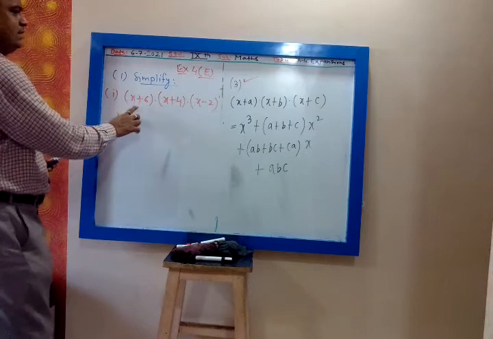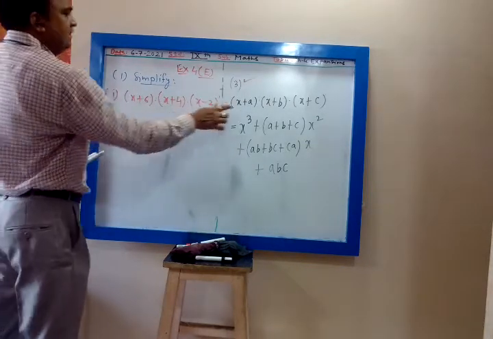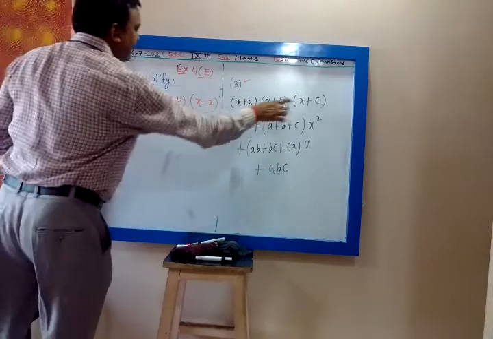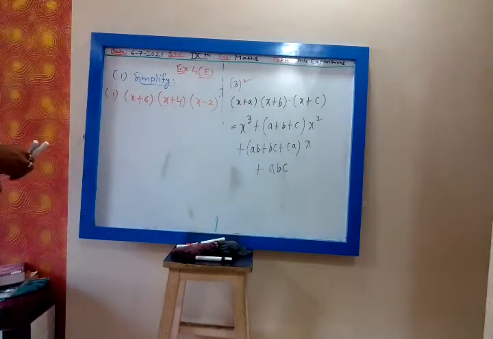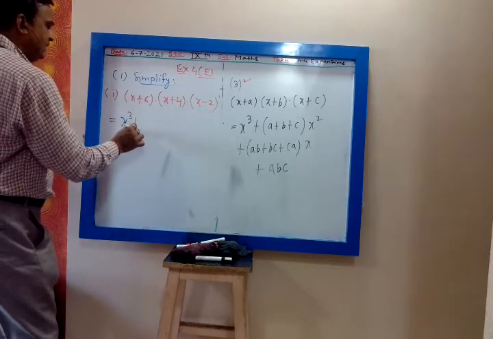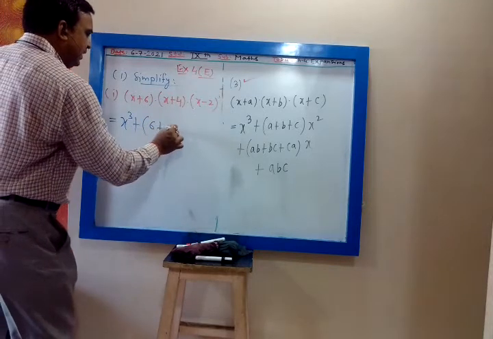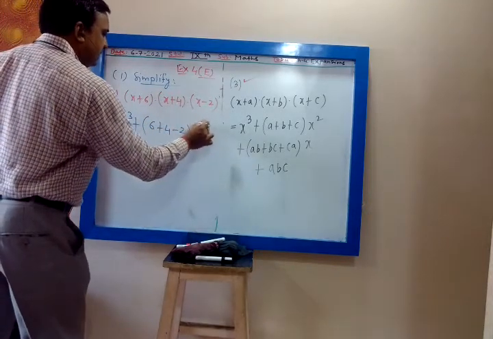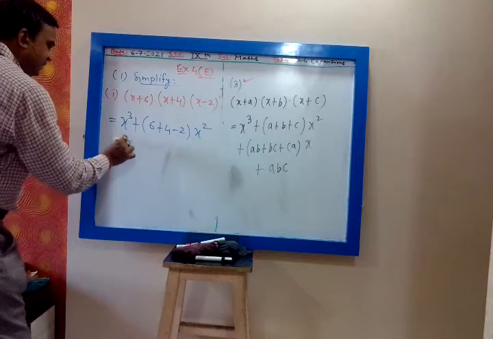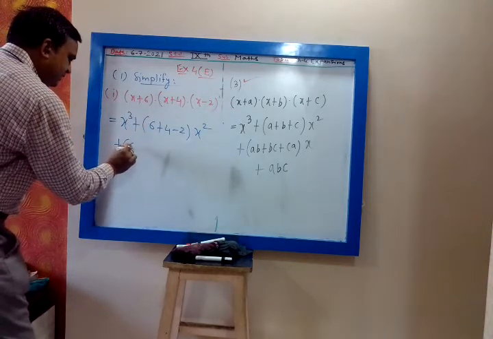So use this formula, (x plus a) into (x plus b) into (x plus c). What is my a? a is 6, b is 4, c is minus 2. So this will be x cube plus (a plus b plus c), that is (6 plus 4 minus 2) into x square, plus now the product of two numbers, 6 into 4.